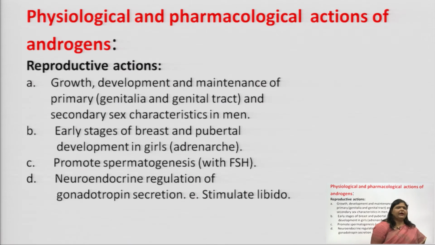The most important action is on reproduction. We saw that it is responsible for the growth, development and maintenance of the primary genitalia as well as the genital tract, and also the development of all the secondary sex characteristics in the boys.